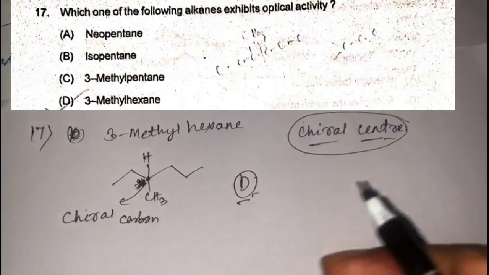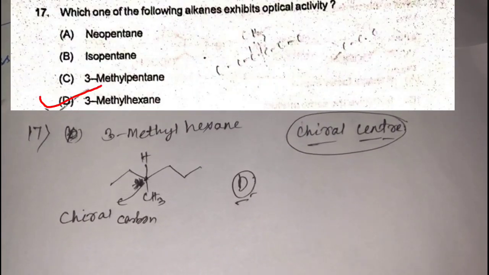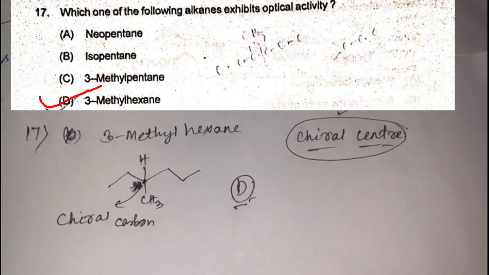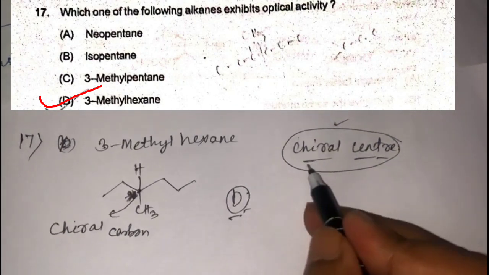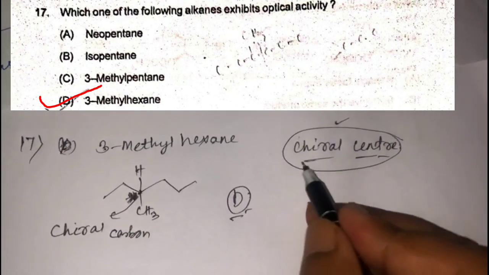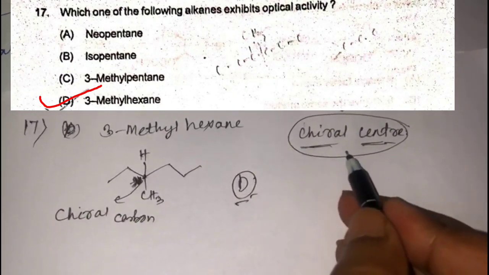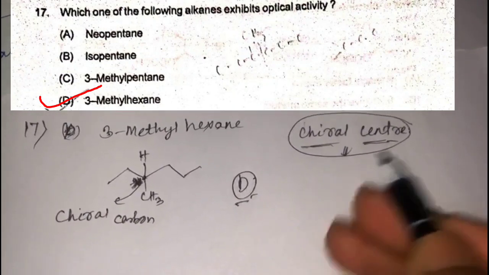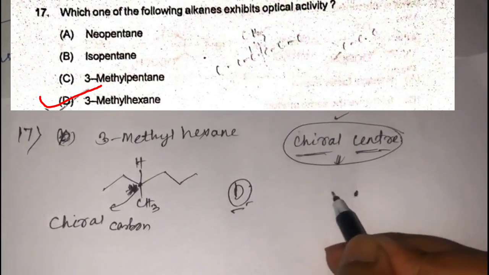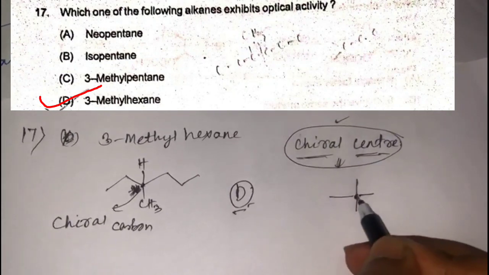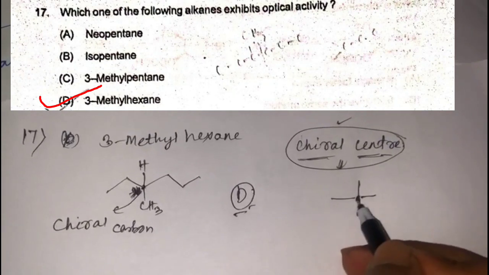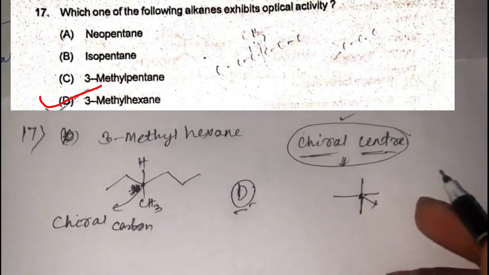So the next question is, which one of the following alkanes exhibits optical activity? You must be knowing that for optical activity there must be a chiral center. So what do you mean by chiral center? If all the four groups attached to the carbon are different, then this carbon is called a chiral carbon.